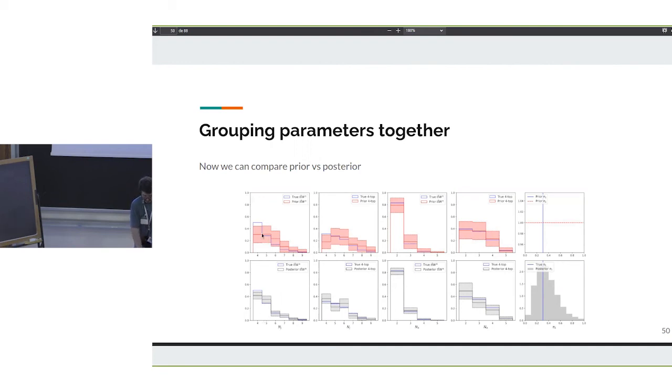So what we see is that if we start from a broad prior, we see here 5 columns. Here is the distribution of NJ for TTW, the distribution of NJ for 4 tops, the same for NB, and the prior distribution. Again, we start with a flat prior distribution, and we get a non-flat one centered around the true value. It's still a very broad distribution.